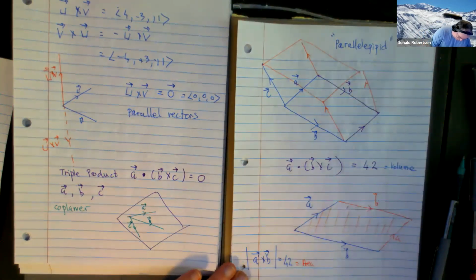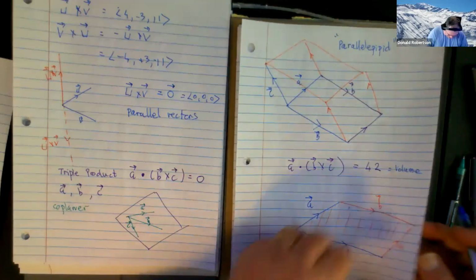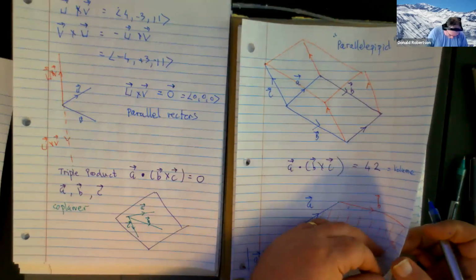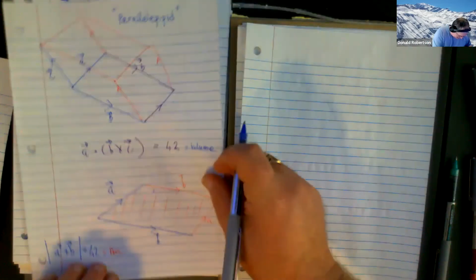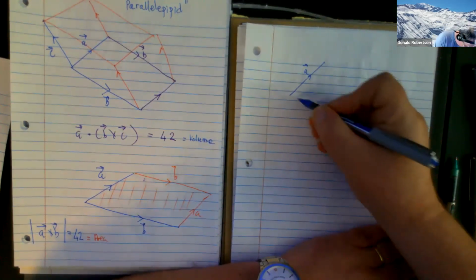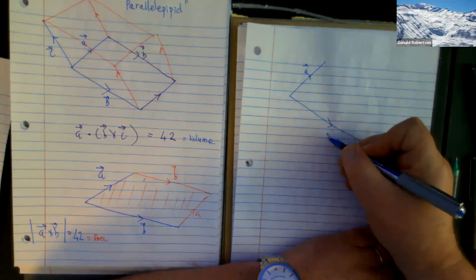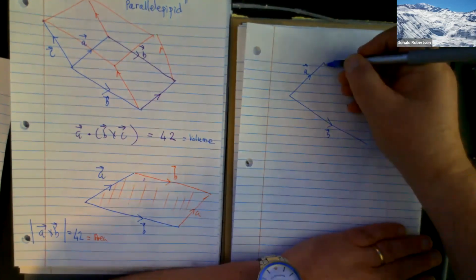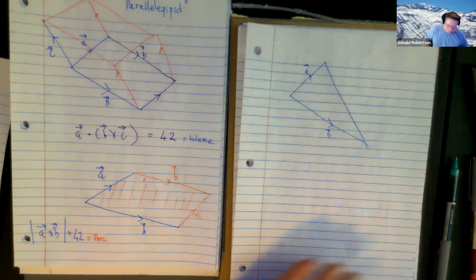Suppose I wanted to find the area of a triangle where A and B are in 3D space, right? So there's my A going this way and there's my B going that way. And I want the area of this triangle.